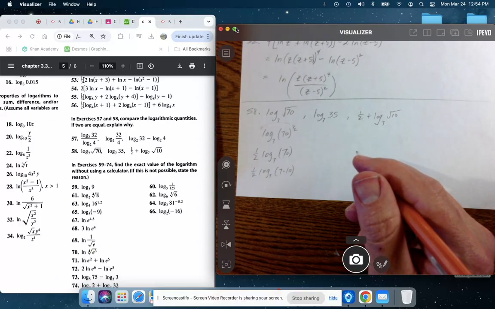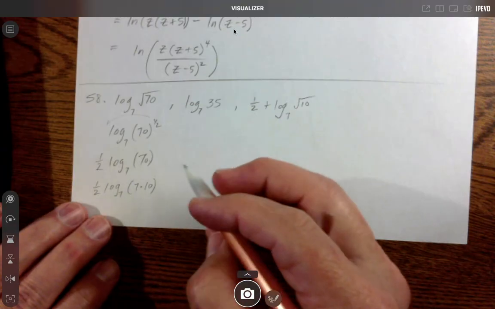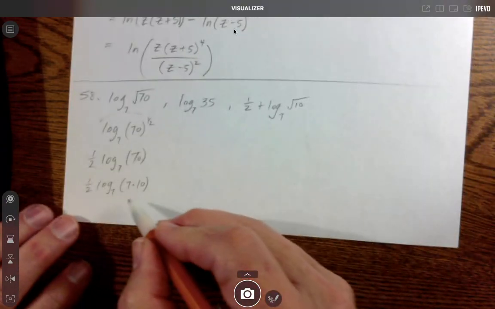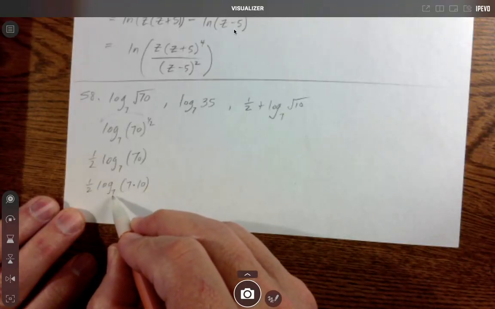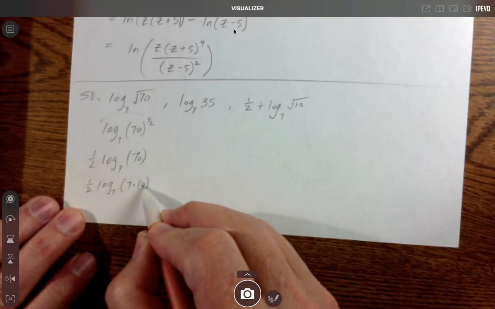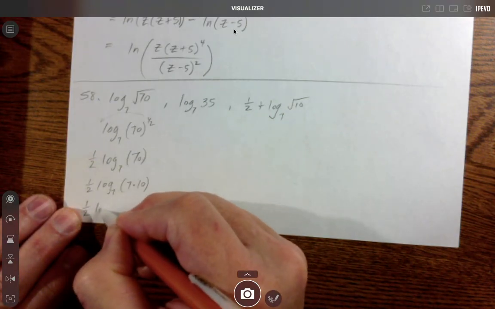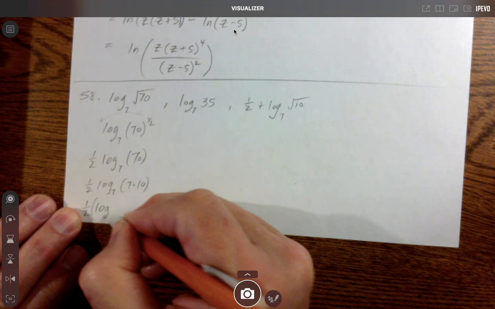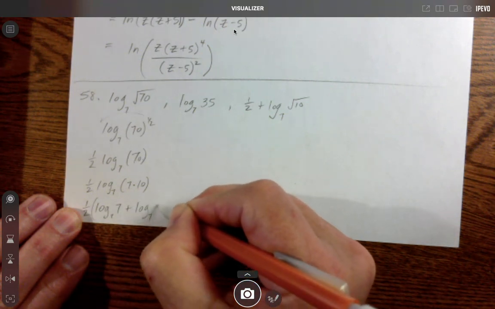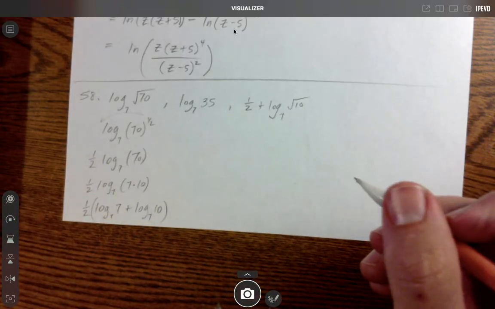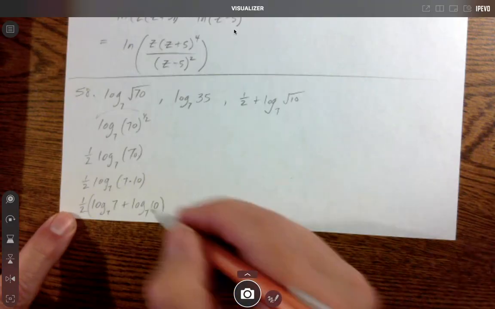Expand this out. I have not explored this before. Okay, so this could be log base 7 of 7 plus log base 7 of 10, right? So I'm going to do 1/2 times log base 7 of 7 plus log base 7 of 10. Log base 7 of 7 is 1, isn't it?